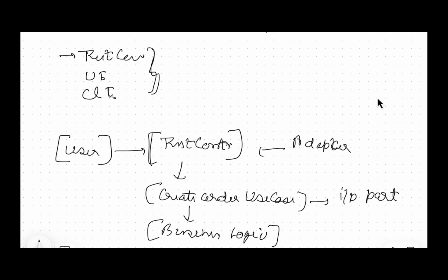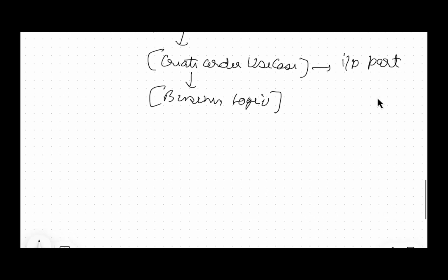So this is all about it, let me draw one picture of this. Here is your core logic, the hexagon I'm talking about. This is the core domain, correct? All the business logic is written in this particular domain.